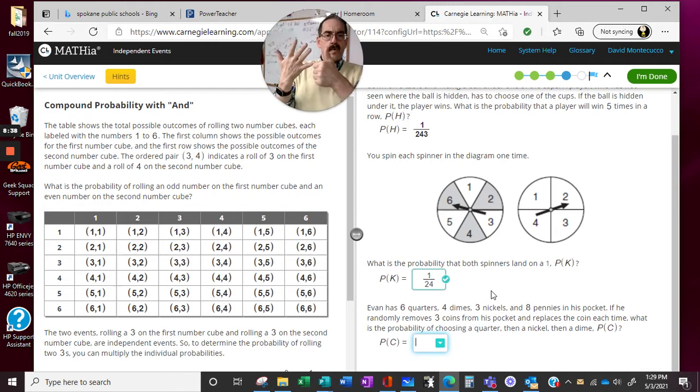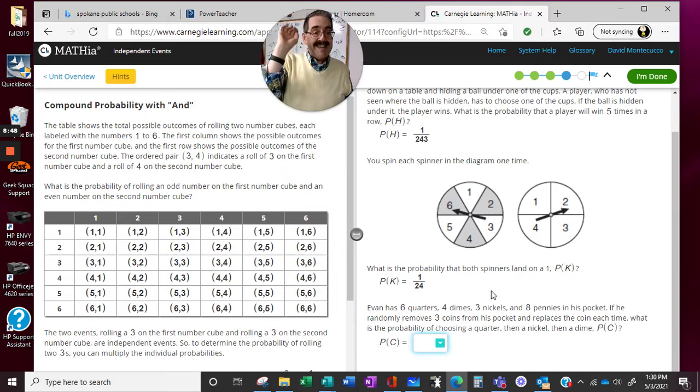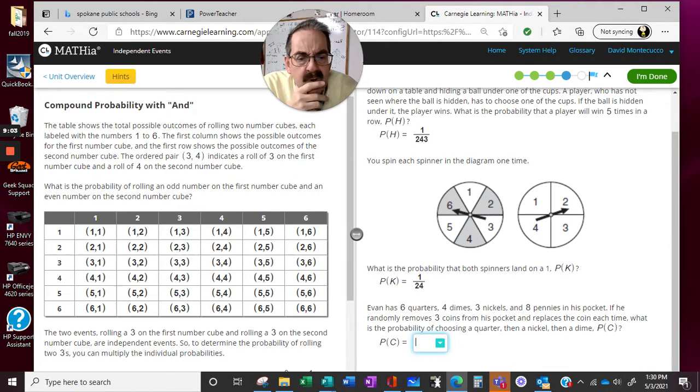Evan has 6 quarters, 4 dimes, 3 nickels, 2 pennies, and a penny. He randomly removes coins from his pocket and replaces each coin each time. You got to put the coin back each time. What is the probability of choosing a quarter, then a nickel, then a dime? So let's go: 6 quarters, 4 dimes, 15, 21 coins.